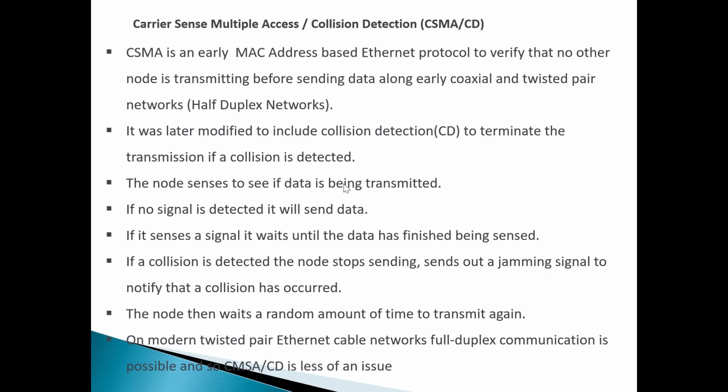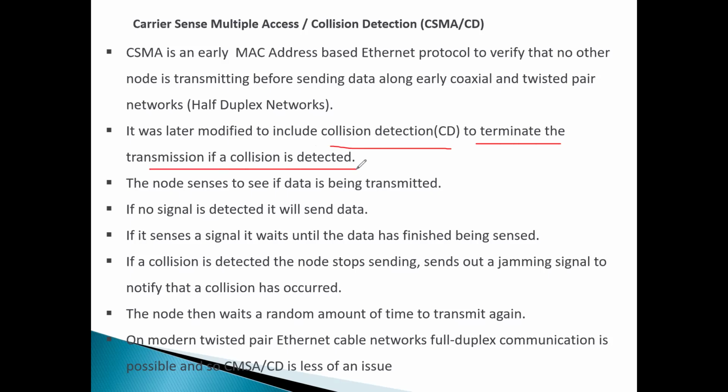CSMA is an early MAC-based Ethernet protocol to verify that no other node is transmitting before sending data along early coaxial and twisted pair, half duplex networks. It was later modified to include collision detection to terminate the transmission if a collision is detected.